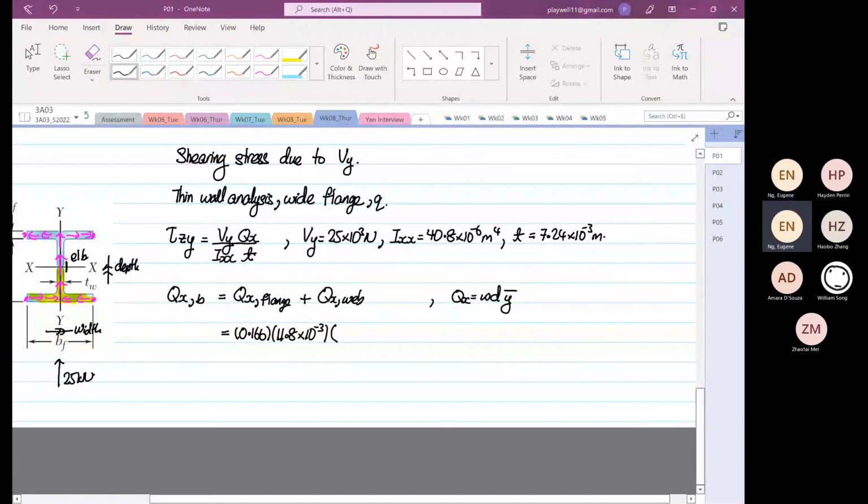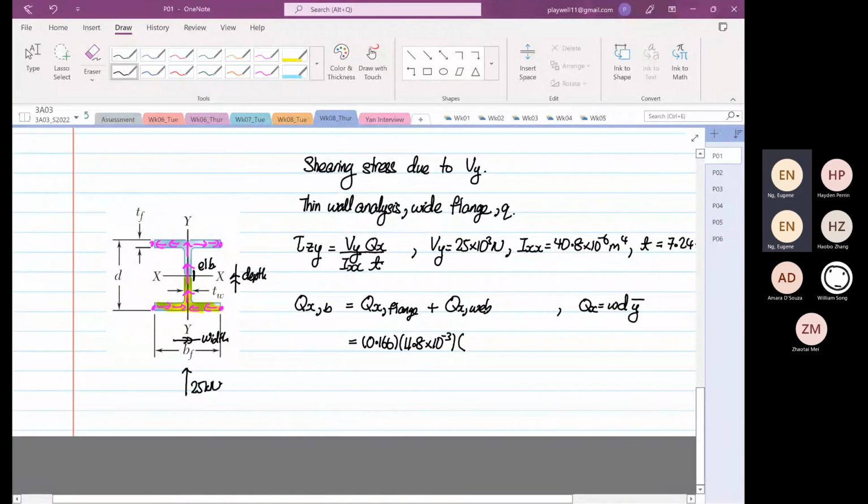And then the y bar. So the y bar is the distance from here to here minus the distance from here to here. Oh, hold on. So it's the individual centroid of the flange. So this is equal to 11.8 times 10 to the power minus 3 divided by 2.